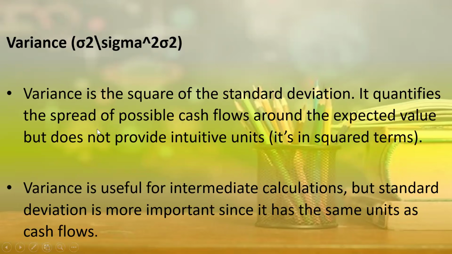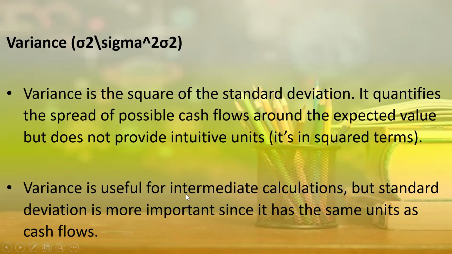And the third one is variance. Variance is the square of standard deviation, and variance quantifies the spread of possible cash flows around the expected value but does not provide intuitive units. It's in square terms, meaning variance is basically the square of standard deviation.